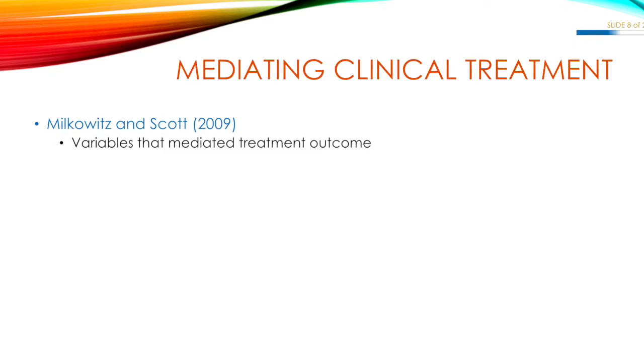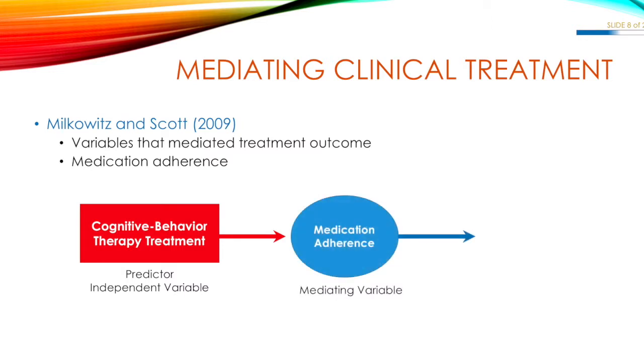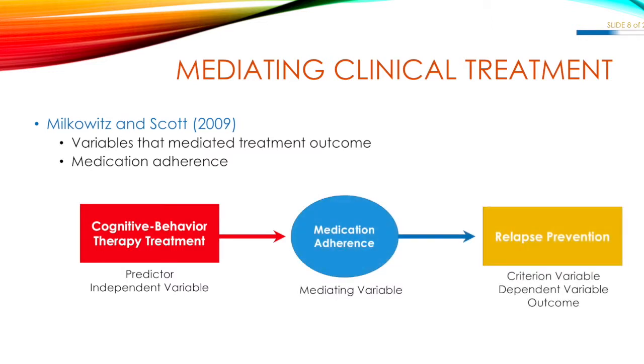However, other variables mediated treatment outcome and the probability of relapse, and one of those was medication adherence. Without medication adherence, the likelihood of therapy preventing relapse was slim. However, medication adherence by itself was not sufficient to prevent relapse. So the authors concluded that medication adherence mediated the relationship between therapy and relapse prevention.